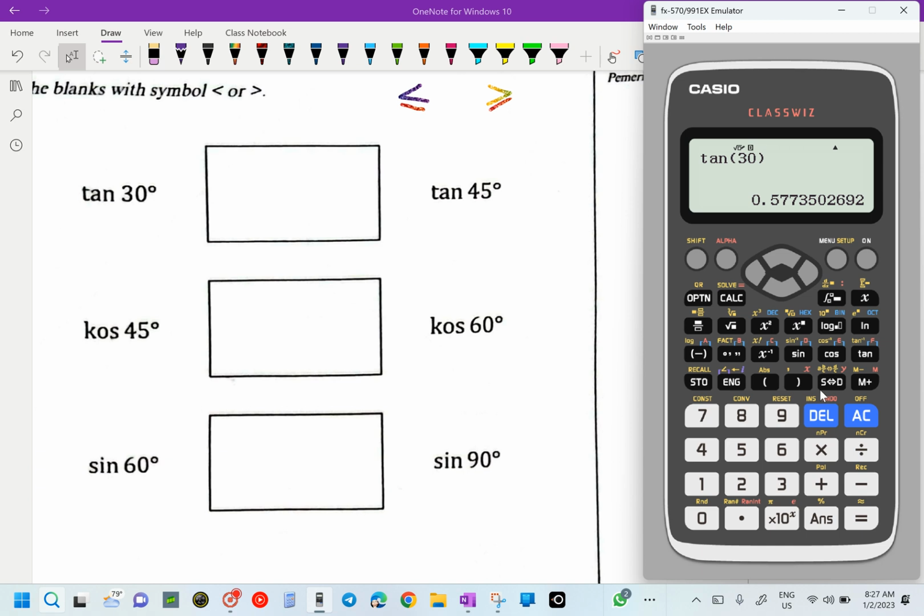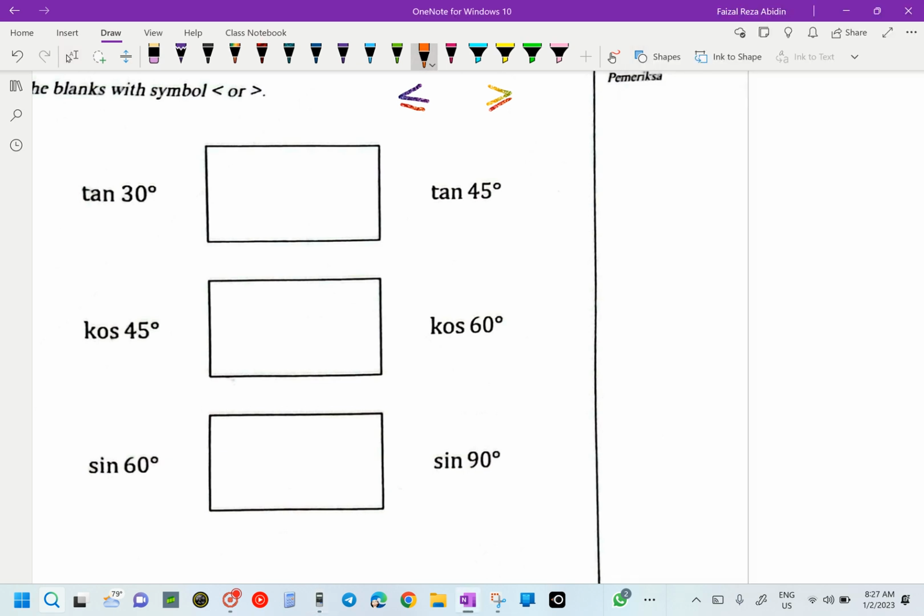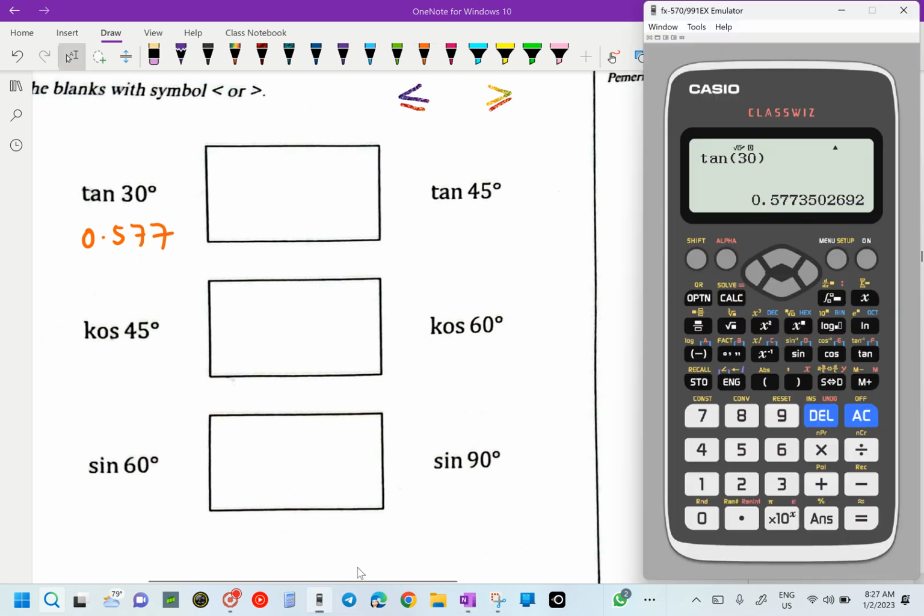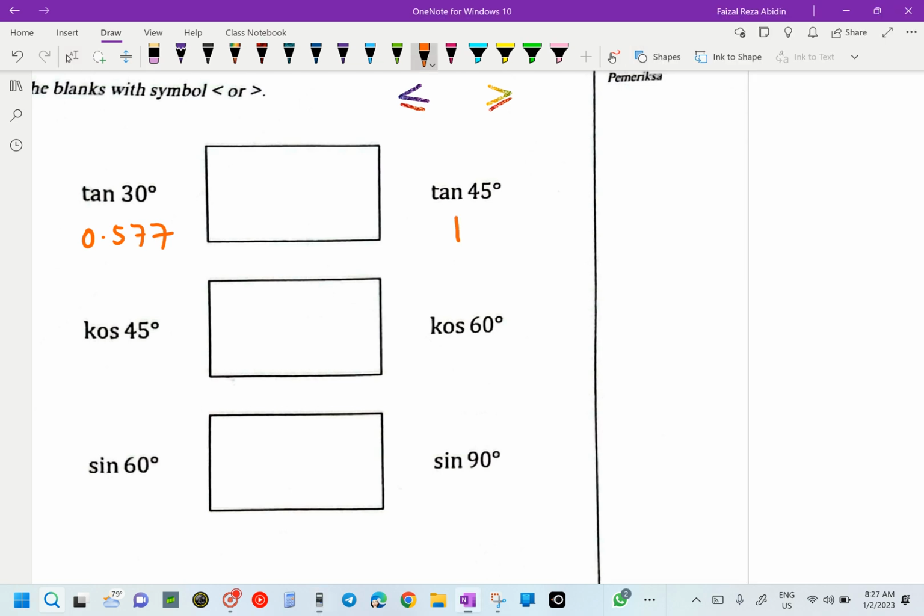So this one, tangent 30, you are going to get 0.577. Tangent 45, we are going to have over here, tan 45 equals 1. So which one is bigger over here? This one. This is the symbol. Tangent 30 will be less than tangent 45. I also don't know why it's difficult.